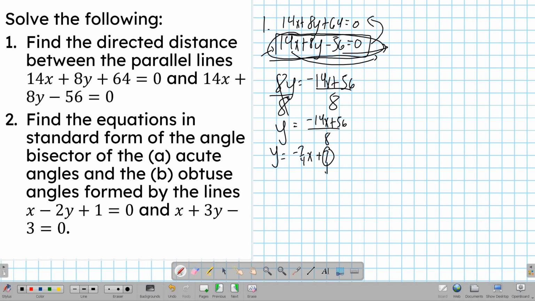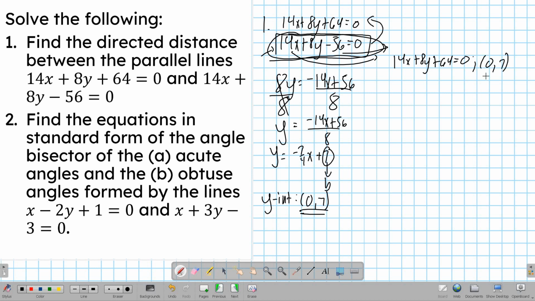Since this is the b from the slope-intercept form, therefore the y-intercept of this line is at the point 0, 7.